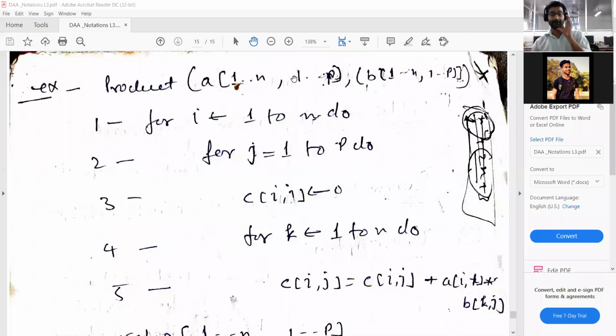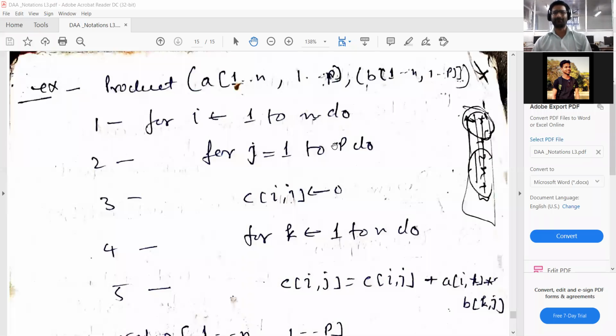In this approach we must use some kind of variable. That variable is known as the cost, and we must know the cost of executing one instruction. Then only we can add up all these instruction costs. That will give you the total time complexity of the algorithm.